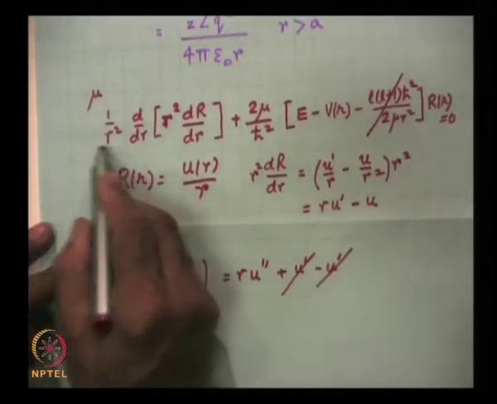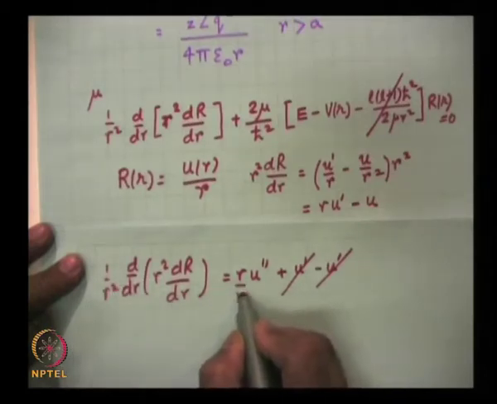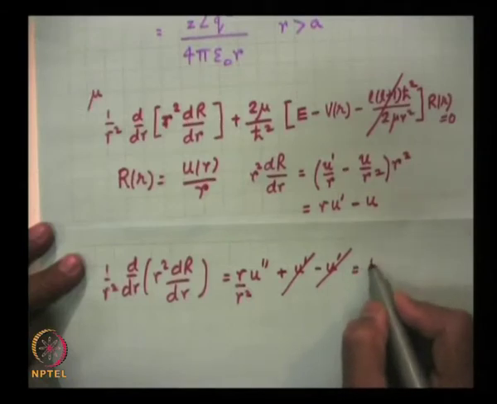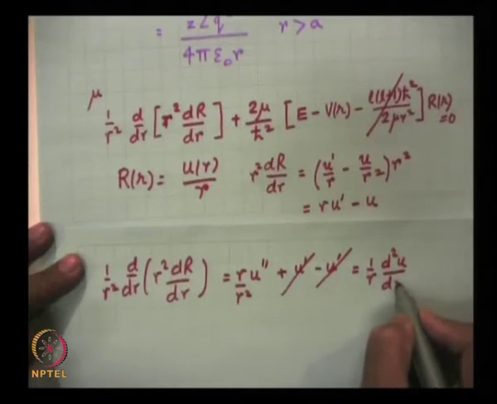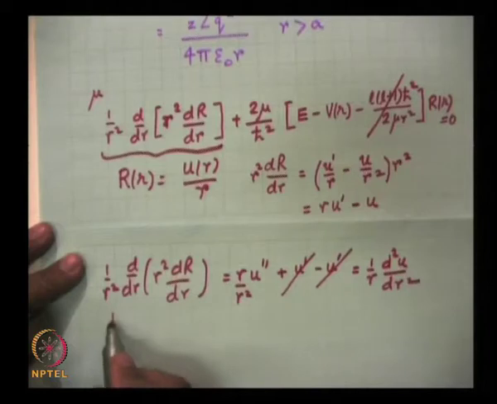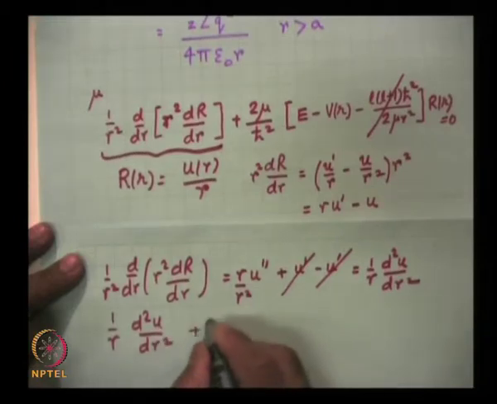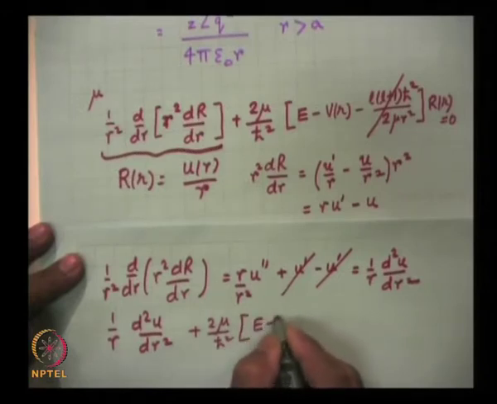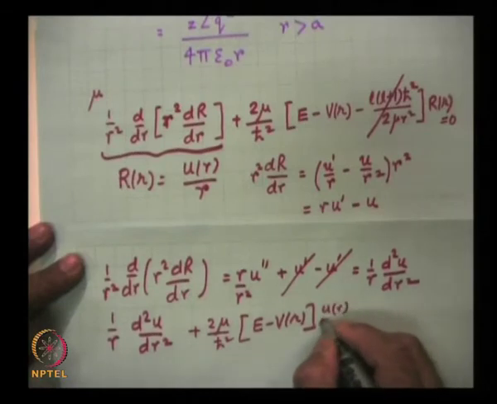If I divide by r square, I get 1 over r d2u by dr square, plus 2 mu by h cross square times E minus V of r, times u of r by r.